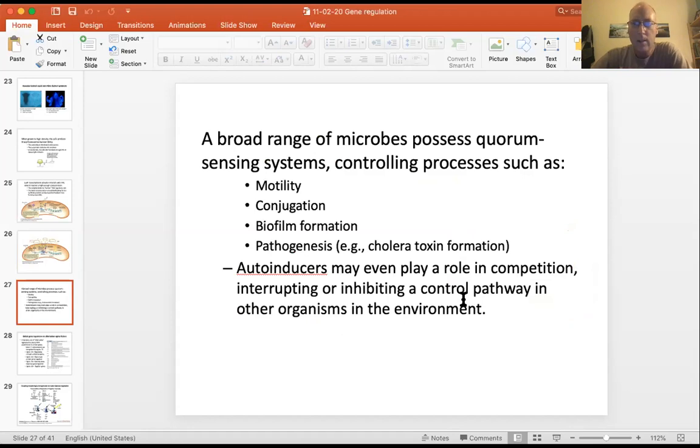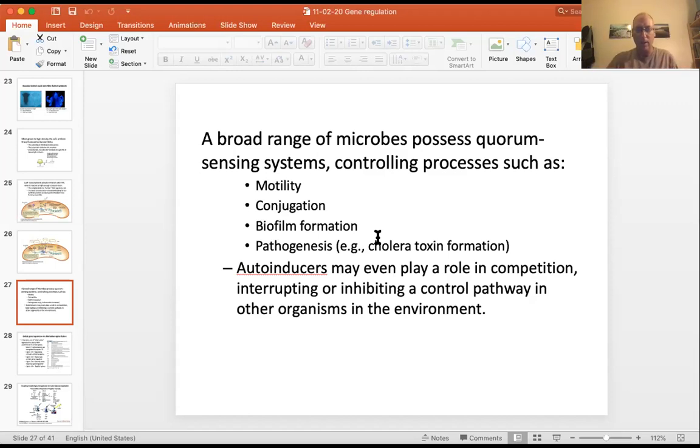So what's been learned in the years since quorum sensing was discovered in the symbiotic light producing bacteria is that this system is actually used for a lot of different things in different bacteria. Mostly in gram-negative bacteria, it's used to control things like biofilm formation.